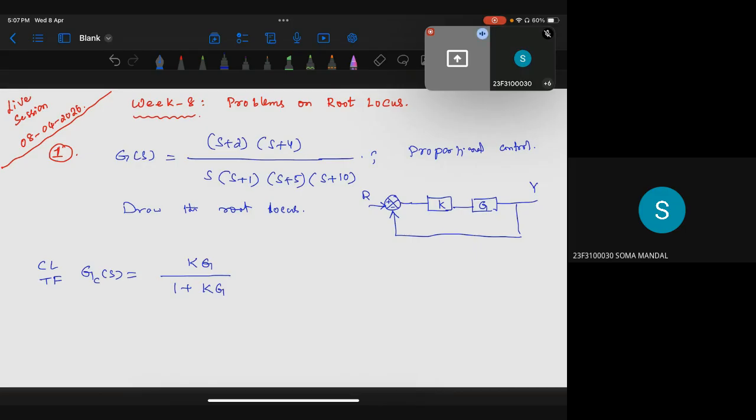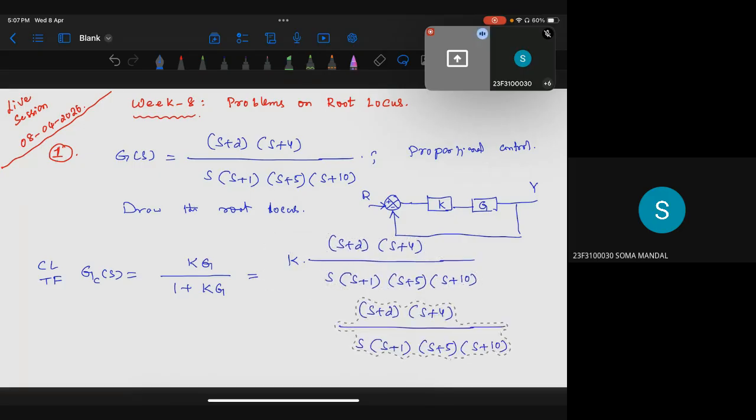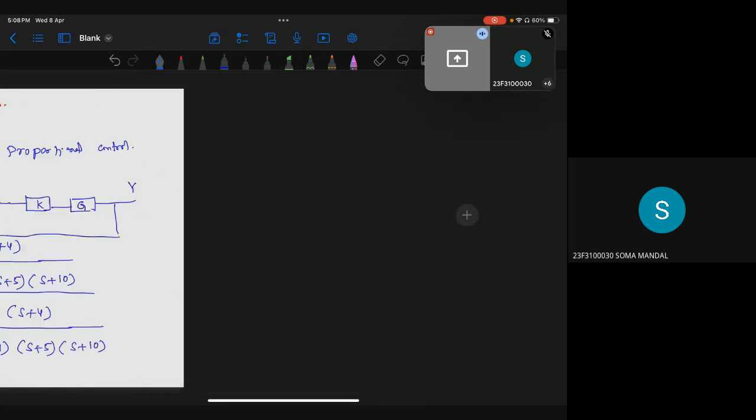But here we have considered unity feedback, so that can be written as K multiplied by G(s), so KG by 1 plus KG. This is your closed loop transfer function. That is our first step. Is this step clear? If you are having any doubts, you can ask me. So first we have found the closed loop transfer function.